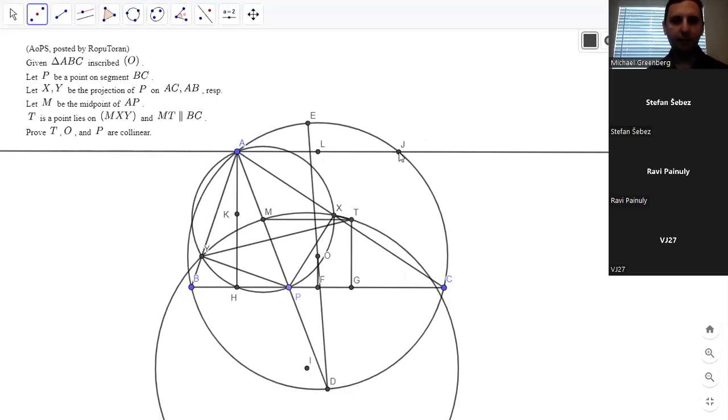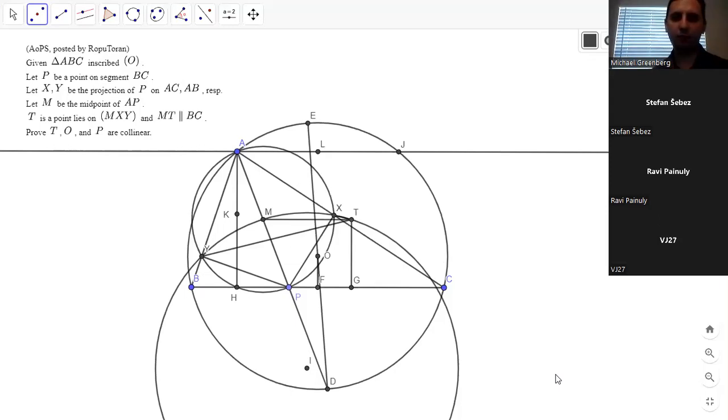So that would be M. And then what would be the perpendiculars from P to AC and AB? Trying to think. How would that work?